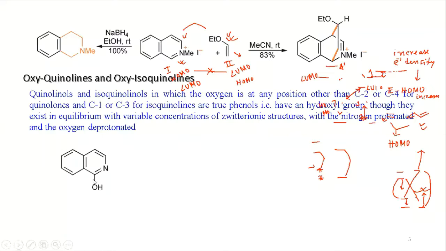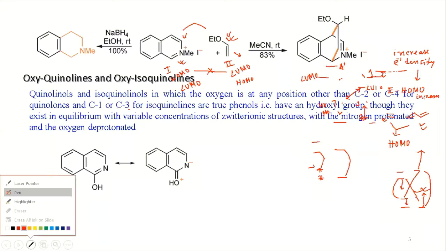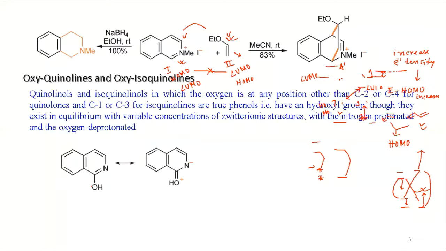Say suppose this is one position, you have hydroxy. What it will do is undergo this form. You have a lone pair, so you have a positive charge here and a negative charge there. Now this one will undergo a kind of tautomerization, you can say a proton transfer, so you'll have this form.